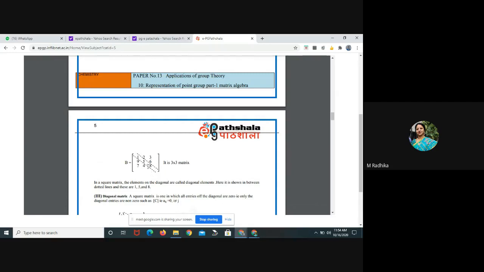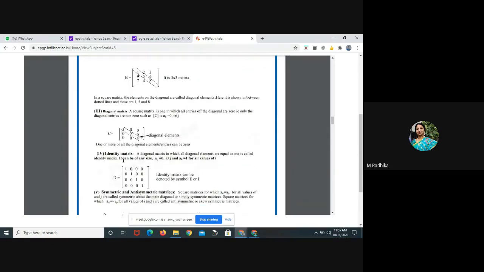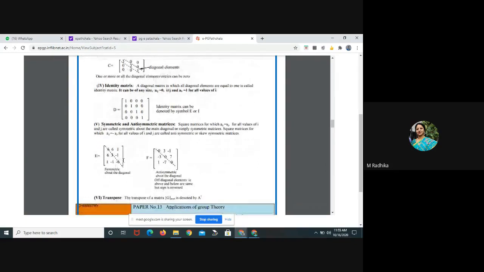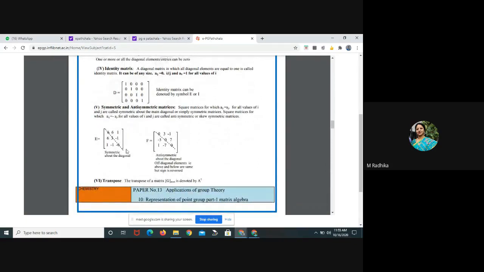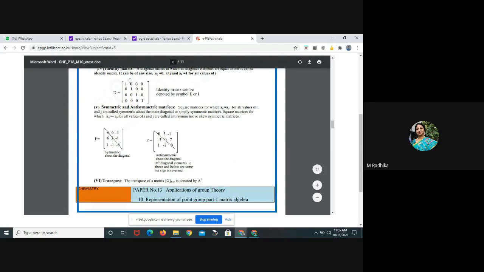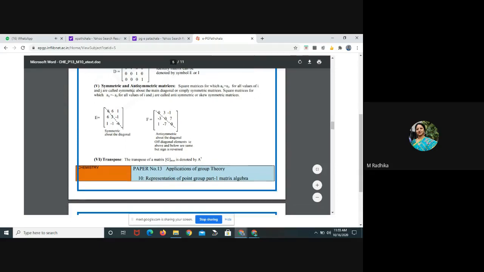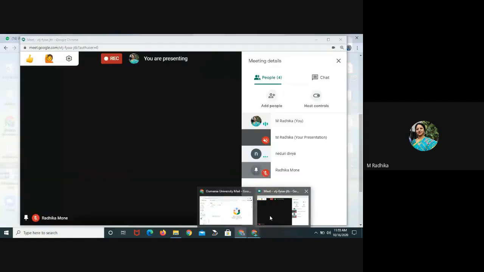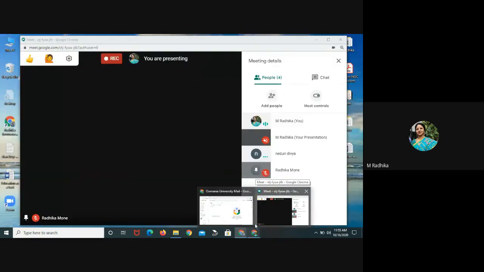Here 1, 5 and 8 are the diagonal elements of this square matrix B. An identity matrix is one where all the diagonal elements are 1 and all other elements are 0. Then you have symmetric and anti-symmetric matrices.